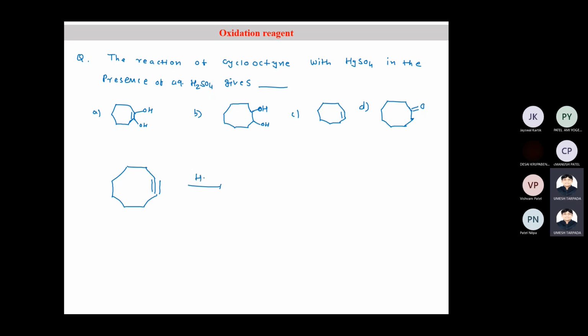When you react with Hg+2 and H2SO4, then it is converted to ketone. So cyclooctanone is the correct one.